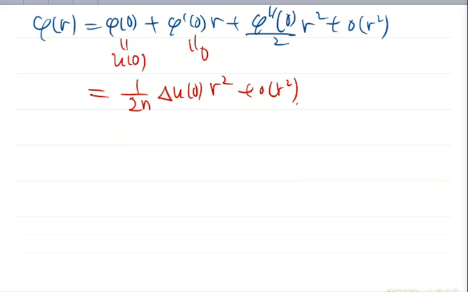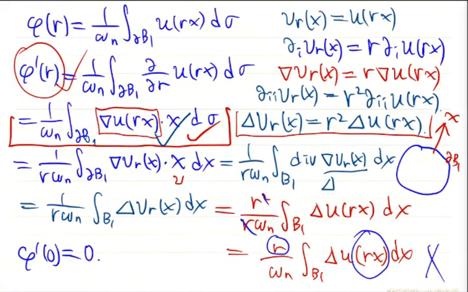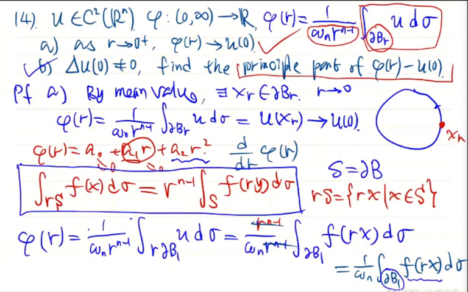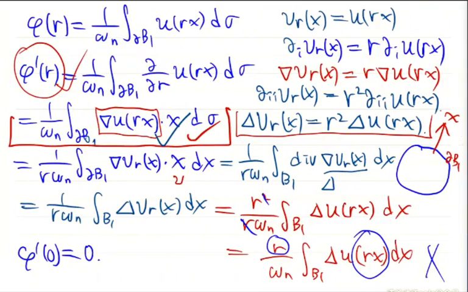And also I need to make some correction. We take the derivative of phi in r. This is okay, but in fact we don't know whether it is reasonable to take the derivative at 0.